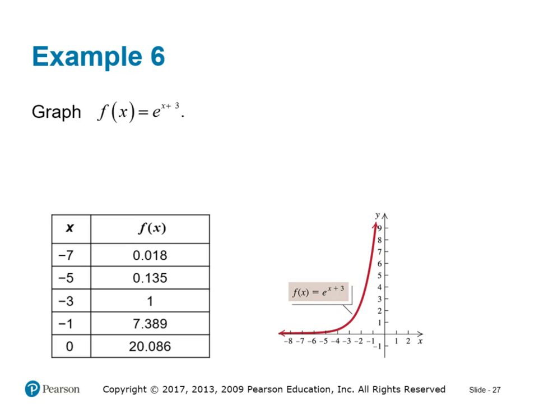All right, so here I have an example of what happens when I have my x plus 3. Remember, this is really saying the same as e to the x minus -3. And if you stop and think about what that's saying, this is going to affect your x, and this is what's telling you how it's going to behave.